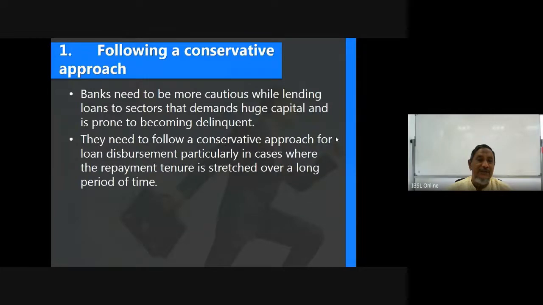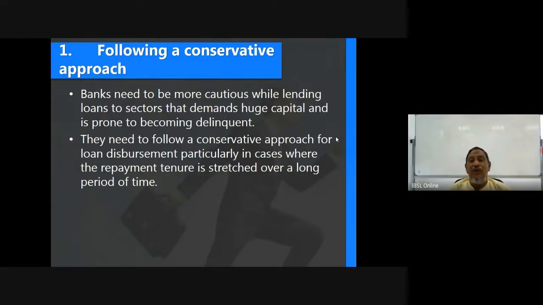What is the conservative approach? Banks need to be more cautious while lending to sectors that demand huge capital and are prone to becoming delinquent, which is high risk.